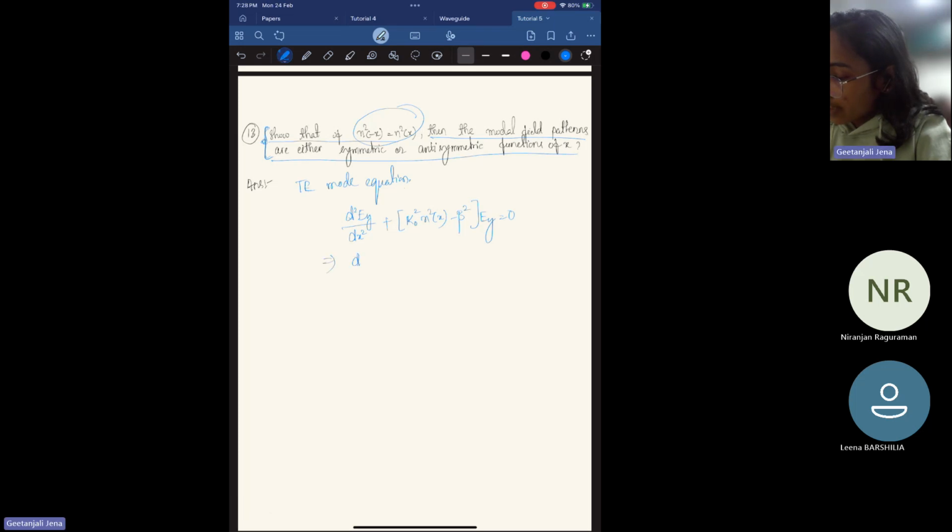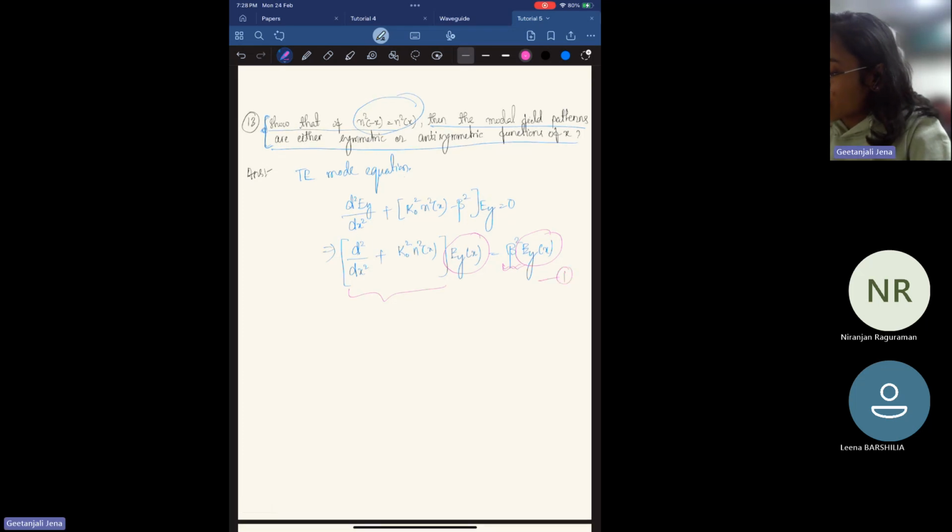So that means you can rearrange it to d square by dx square plus k0 square n square x, Ey x is beta square Ey x. So this is an eigenmode equation. If you recall the eigenmode equation, you can see the eigenoperator is the same here and there is a constant value beta, which is nothing but the eigenvalue. So we have this eigen equation.